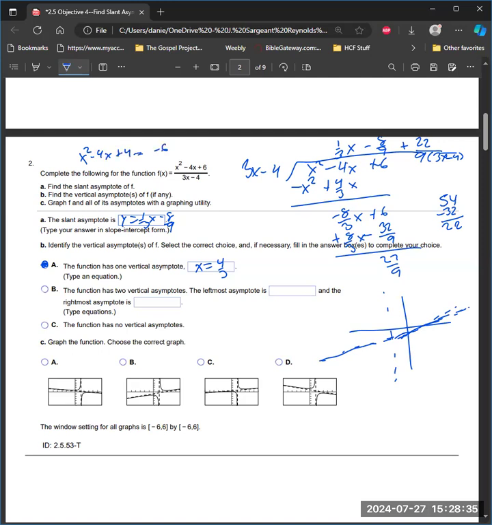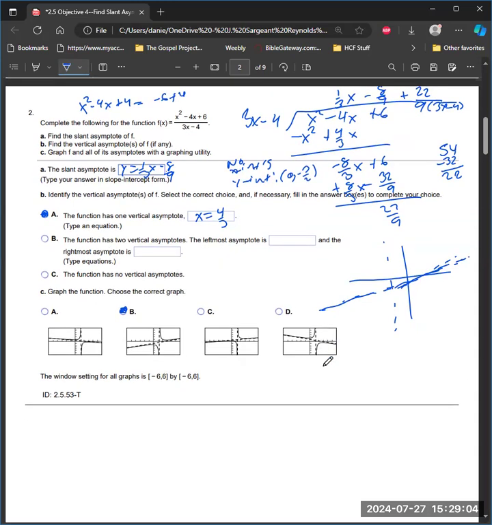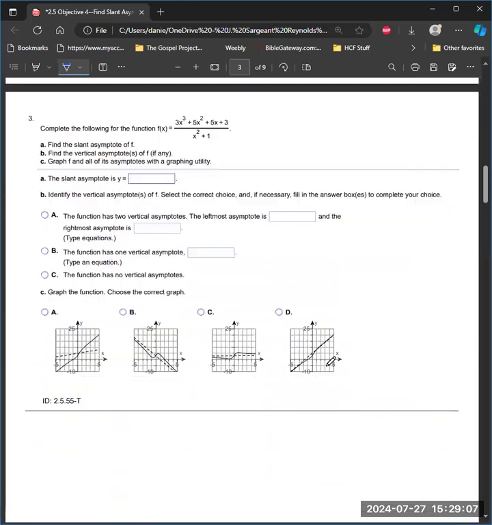We have no x-intercepts. We have a y-intercept at negative 3/2. So that looks like B. Can do that. All right.